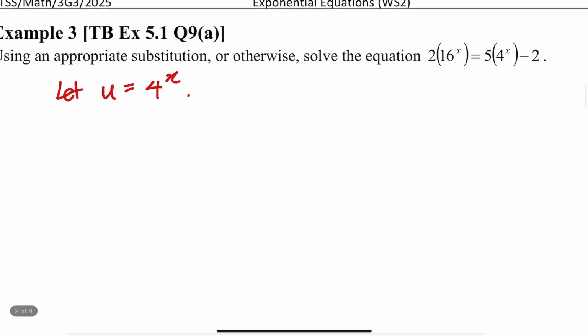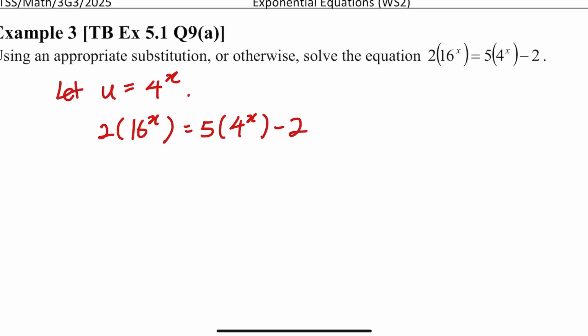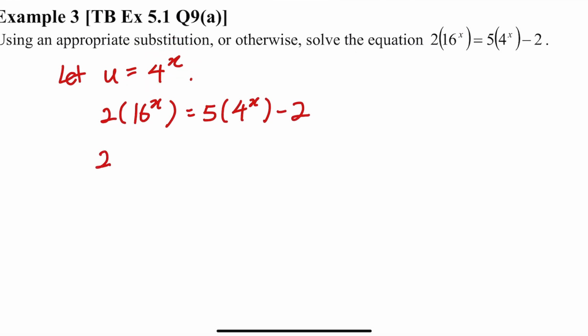I start with the equation here first. 2 times 16^x equals 5 times 4^x minus 2. I will first manipulate this equation such that I can get 4^x. 16 can be rewritten as 4 squared, the whole thing to the power x, equals 5 times 4^x minus 2.